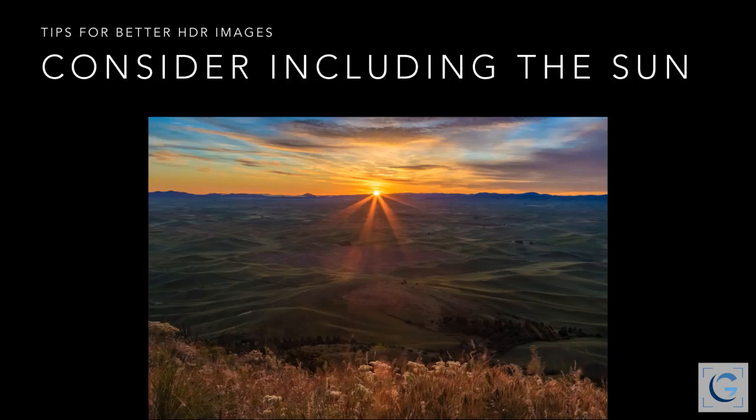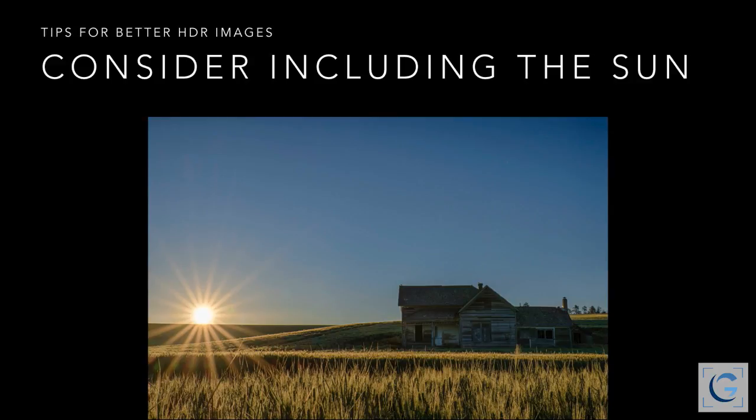That would call for an extremely dark exposure, and frankly, you don't need that level of detail, at least with a kind of normal scene that includes the sun within the frame. But by including that sun in the frame, you can add an extra dynamic element. And again, I think it provides a good example of a situation where it doesn't need to look like a bad HDR in any event.